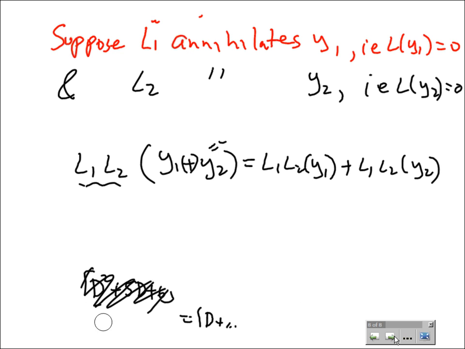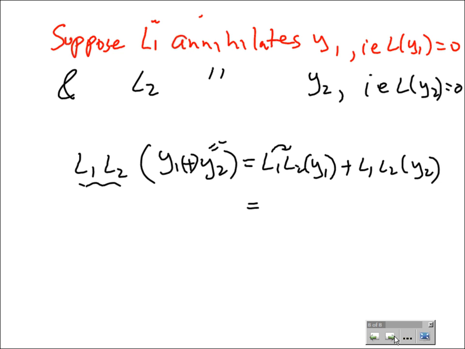They're linear operators. Okay, so now what happens is I can switch these two. And I want to, because I want the L1 first.